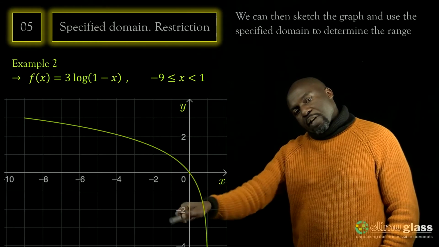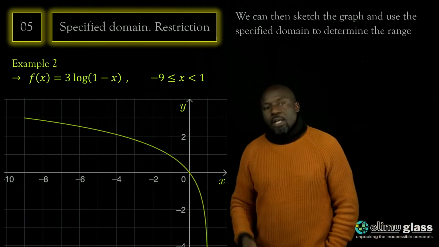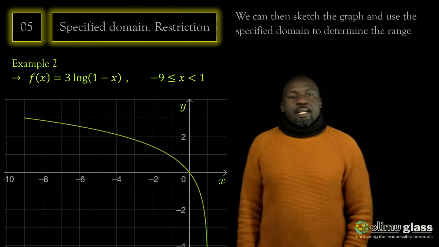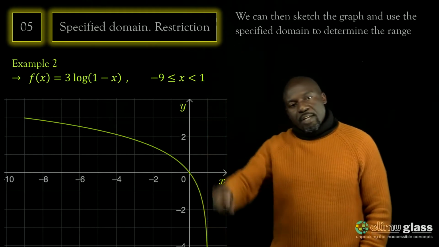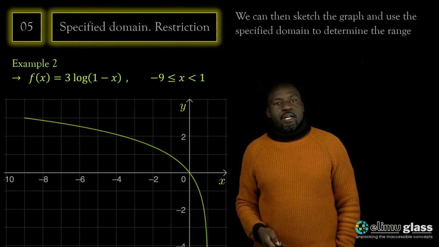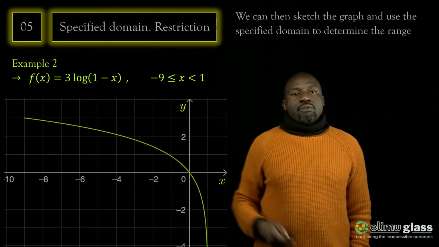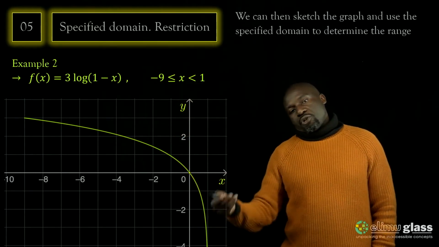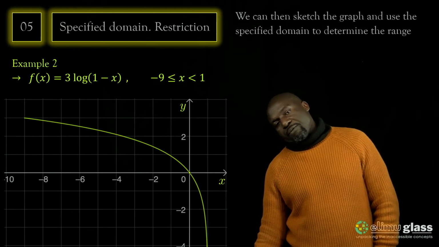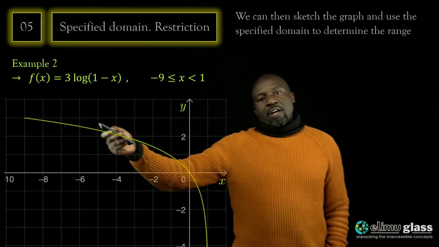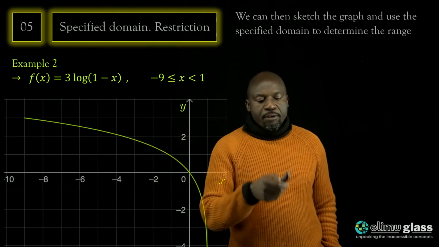So it's just on that side of line x equals 1, which tells you that x equals 1, that vertical line there, is an asymptote to the curve. But either way, given this domain, we are able to find the range, where the range should be anywhere from -infinity to a value of 3 there, okay?